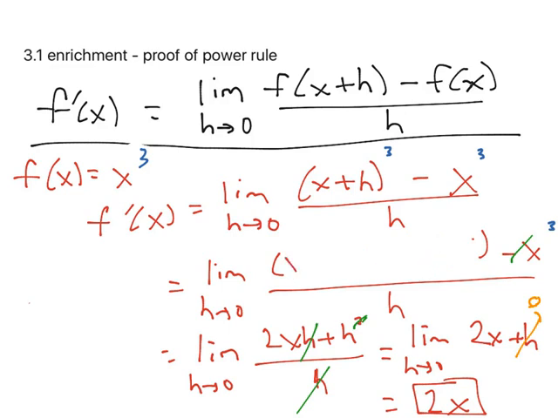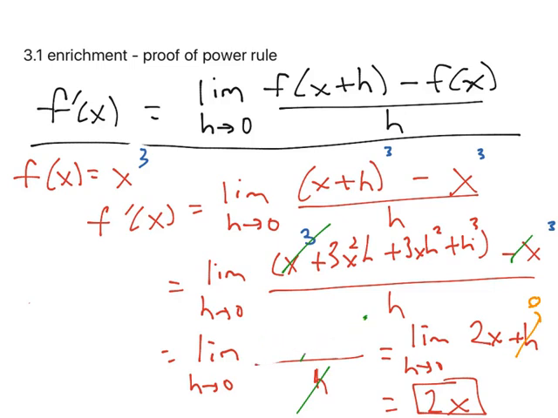If we expand it, we get x to the third power plus 3x squared h plus 3xh squared plus h to the third power. Once again, the x to the third power term cancels.